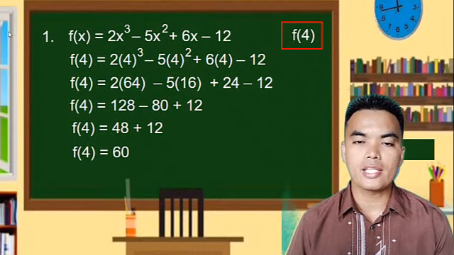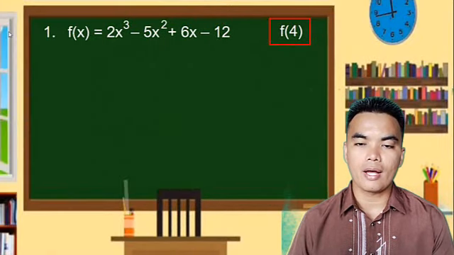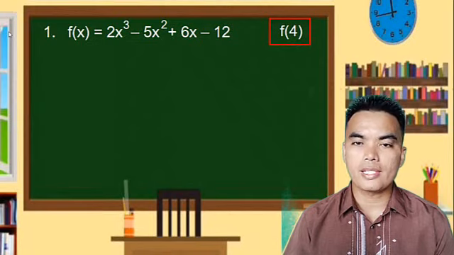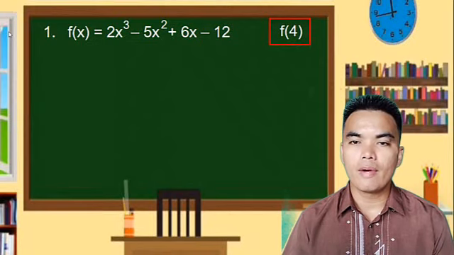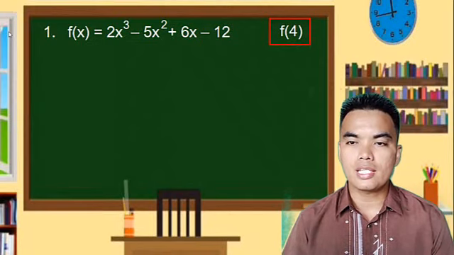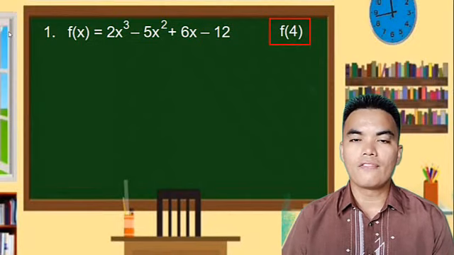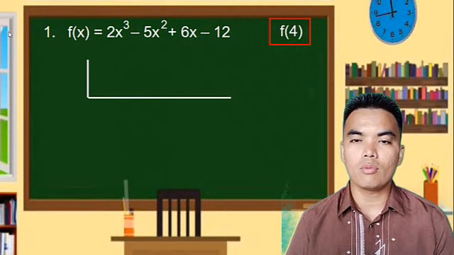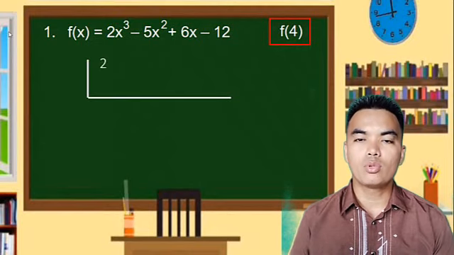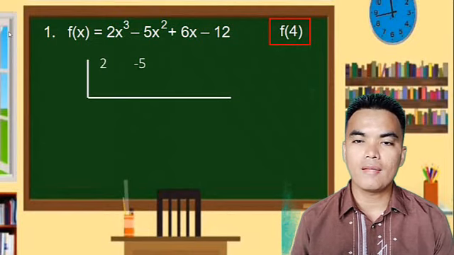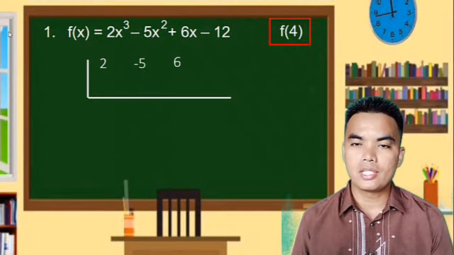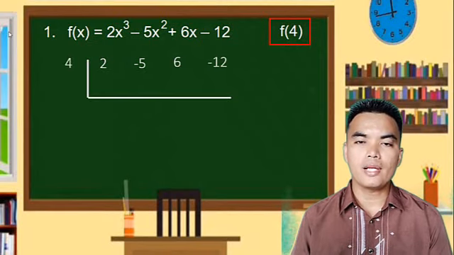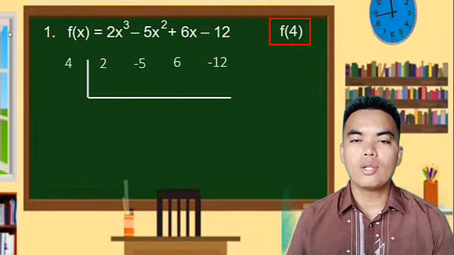Now we will try synthetic division to find out if we get the same result. We have f of x equal to 2x cubed minus 5x squared plus 6x minus 12. The first thing to do is get the numerical coefficients: 2, negative 5, 6, negative 12, and we place 4 here.